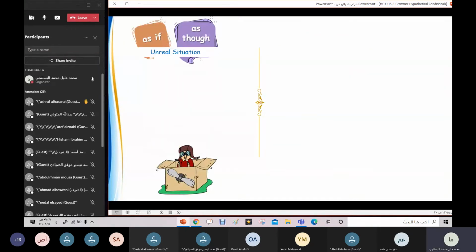Now here we have a new structure using as if or as though. These are unreal situations. We use the simple past and the past perfect after these two expressions, to suggest that something is unreal or untrue. Look at the example.